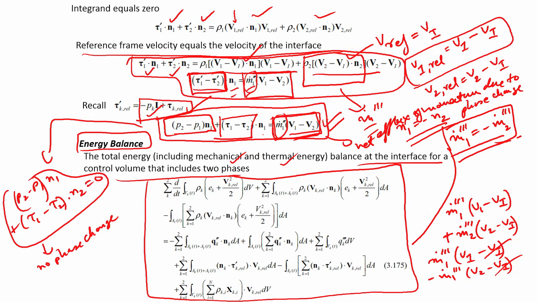We have essentially done the same thing: we have added the interface, we have taken out the interface. This is basically the flux across the interface, and we have added and subtracted it. Similarly, on the right hand side of the expression, this is the diffusion term, we have added the interface, we have taken out the interface.